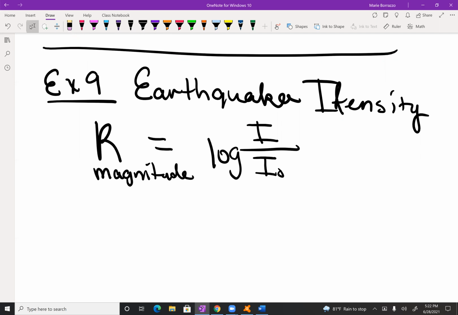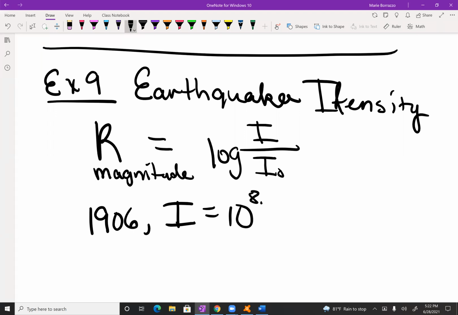So what they tell you is that in 1906, there was an earthquake with the intensity of 10 to the 8.3 times as intense as a zero level earthquake.